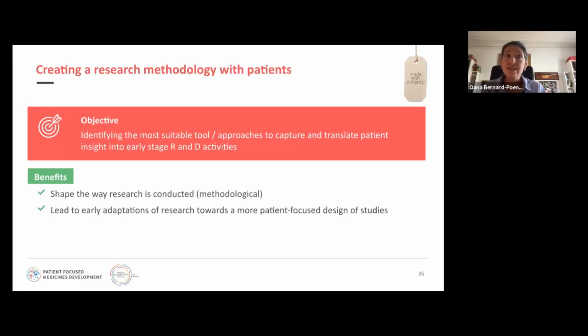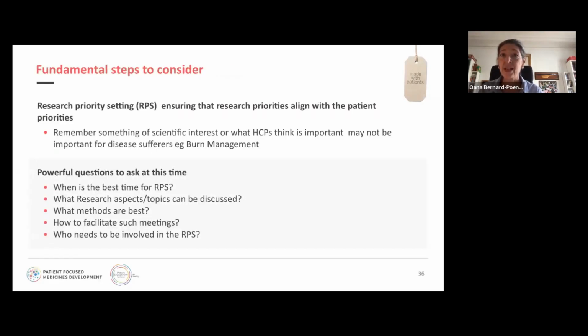The other important point here is that starting early helps early adaptation of the research towards a more patient-focused design of studies. And if you don't start very early, maybe sometimes it's too late for addressing certain very important questions to patients.